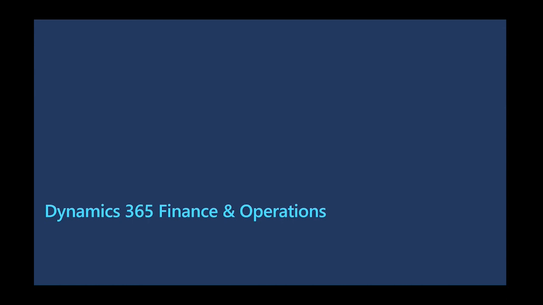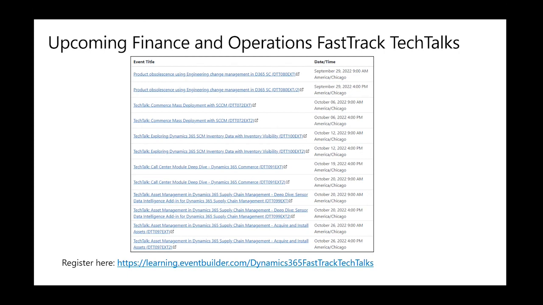The Fast Track team is continuing to produce different sessions, tech talks, and this month is no different here. There's a couple actually, I believe, today on engineering change management, and then commerce mass deployment.